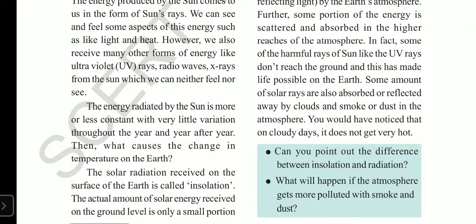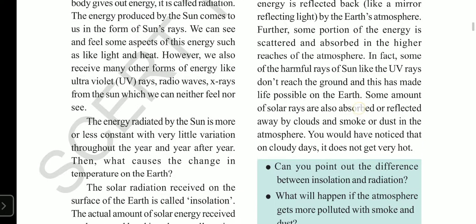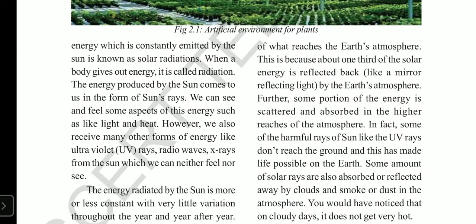So, my dear students, the solar energy received on the earth's surface is only a small portion. Of what reaches the earth's atmosphere, the remaining will be trapped by the atmosphere. This is because about one third of solar energy is reflected back like a mirror. When you shine a light towards a mirror, you will see that the light is reflecting. Right?